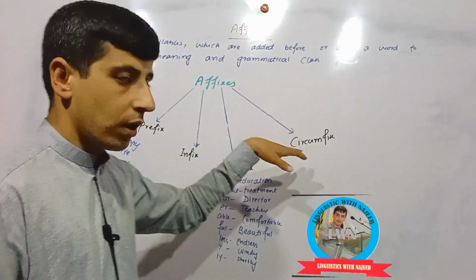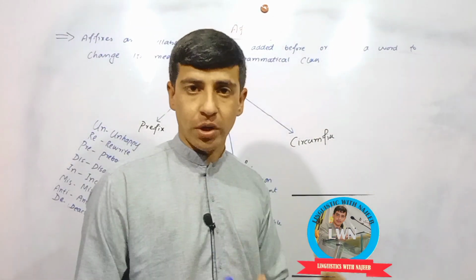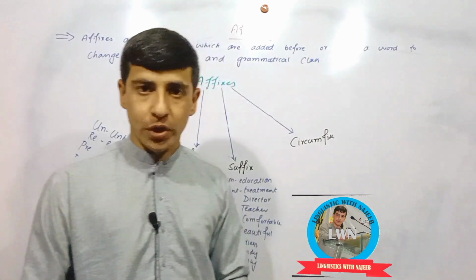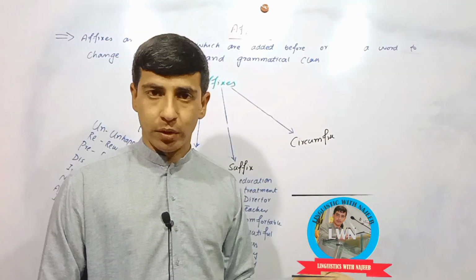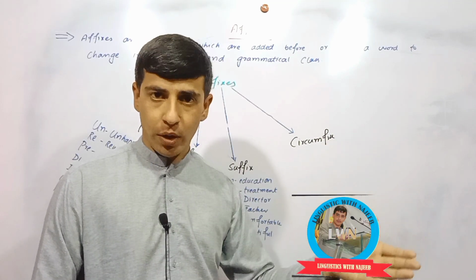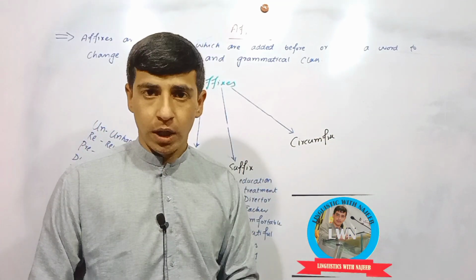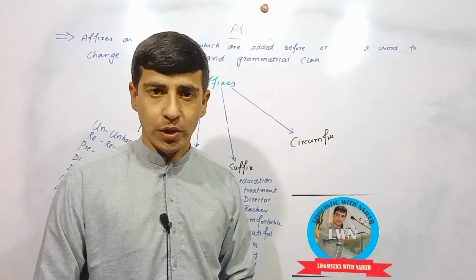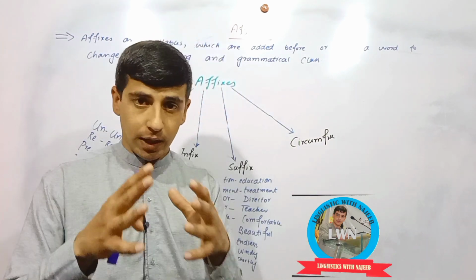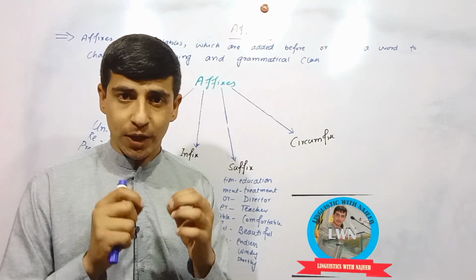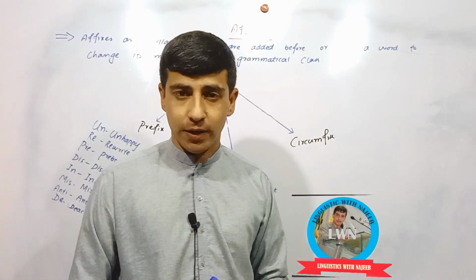And the last type is called the circumfix. A circumfix means whenever we add a syllable before a word and also after a word to change its meaning. Once again, I'm going to tell you that in the English language we do not have circumfixes.